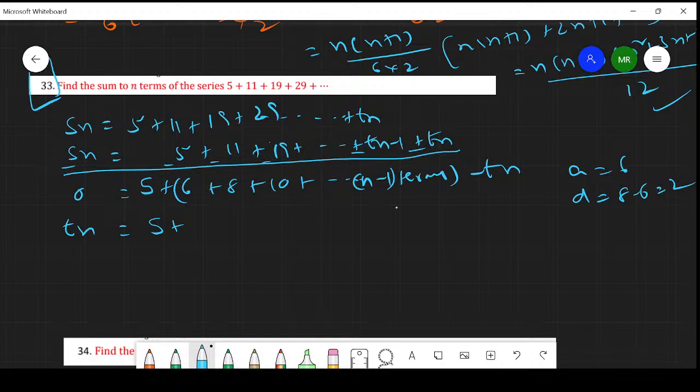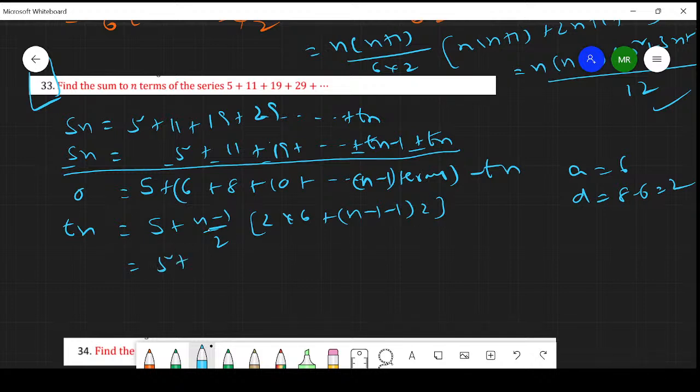Total n minus 1 terms we have, so n minus 1 by 2 into 2a plus n minus 1 into d.